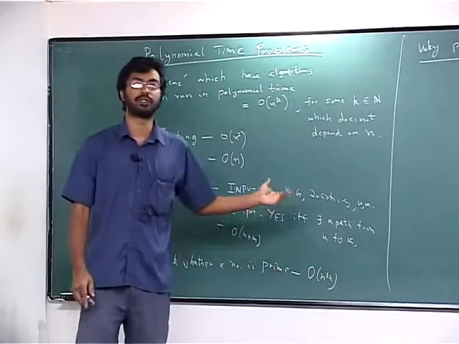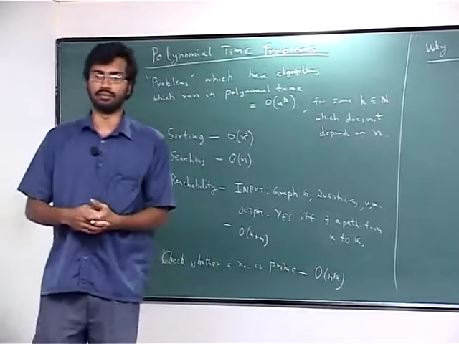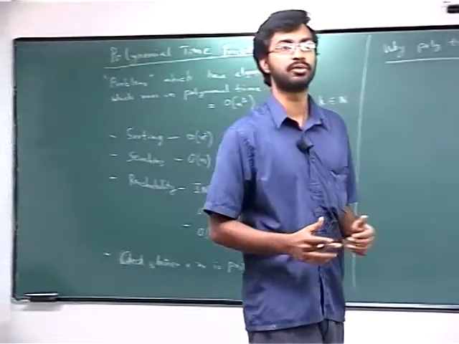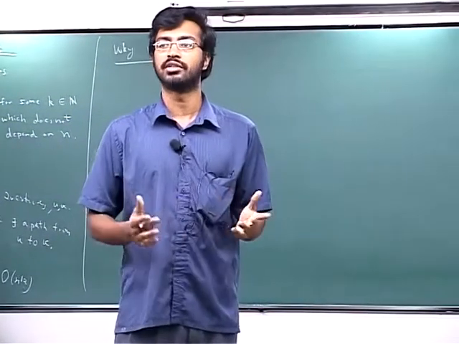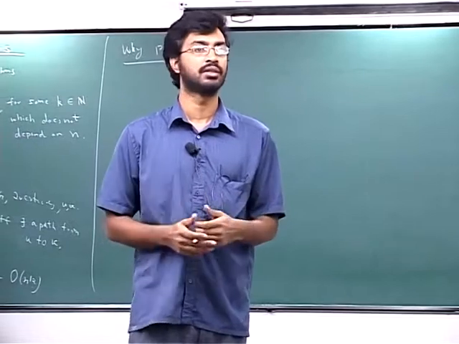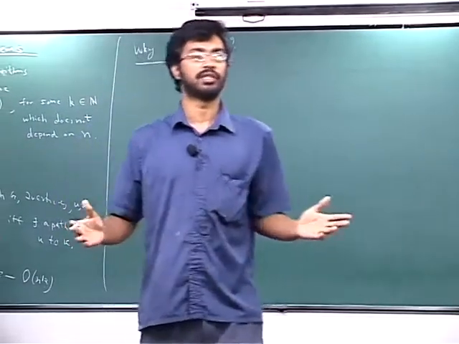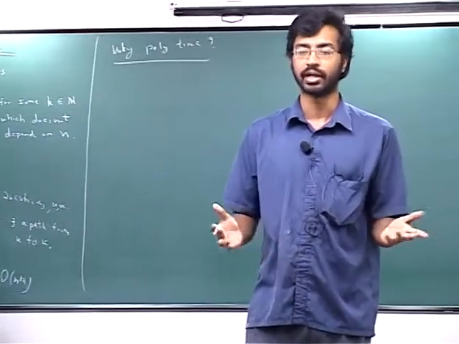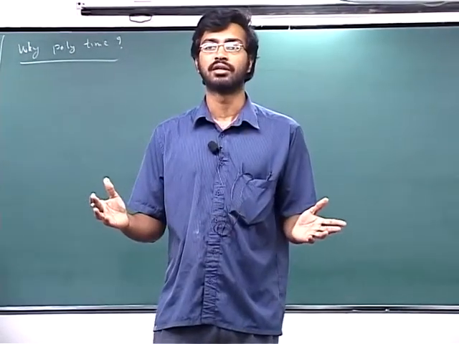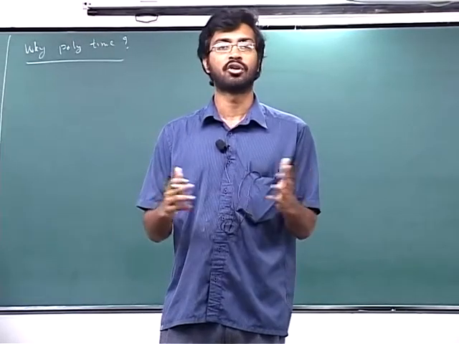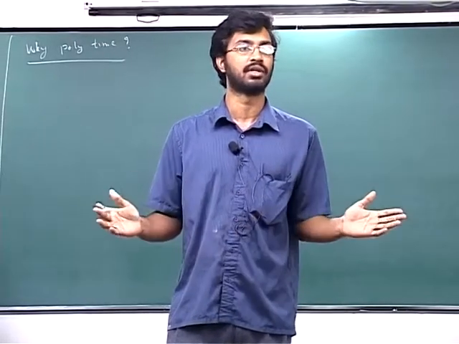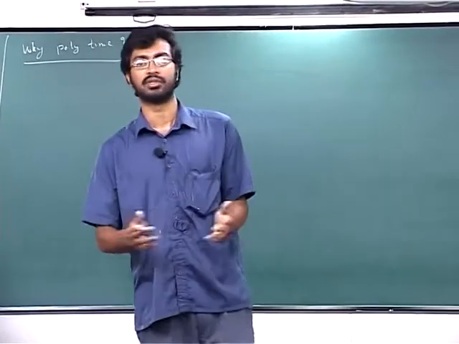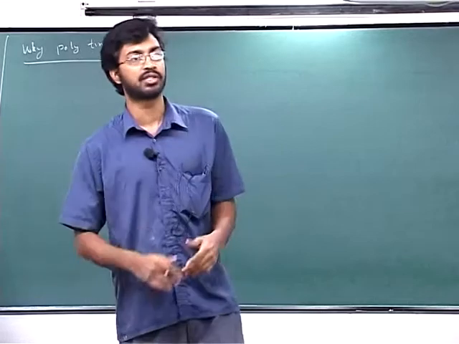Usually it lies something like n cube, and most of these algorithms, even for very huge inputs, you can compute very fast. For example, you can search for a number in a list of the names of all the people in this world, something like 3 billion people, and still you will be able to search it very fast.